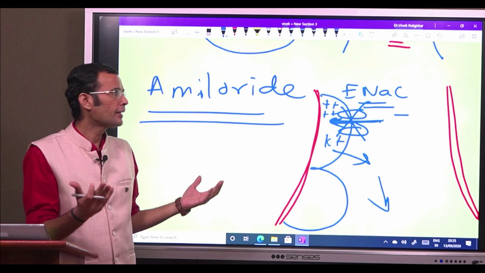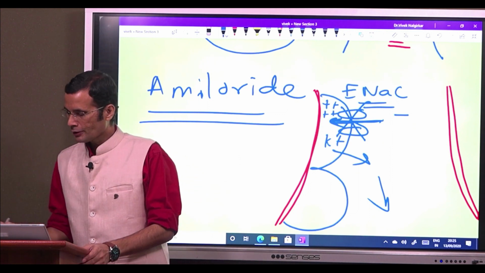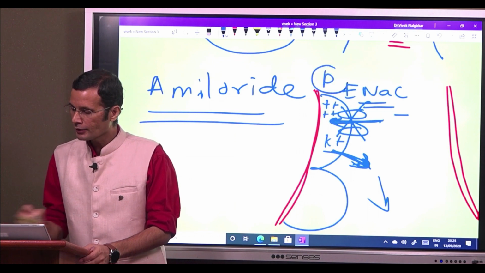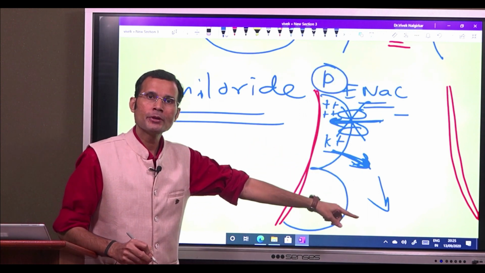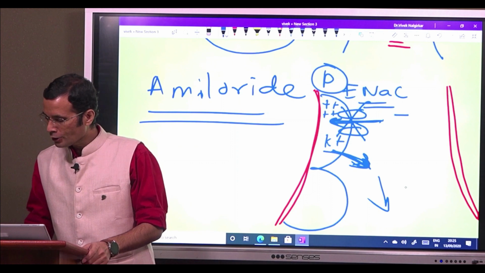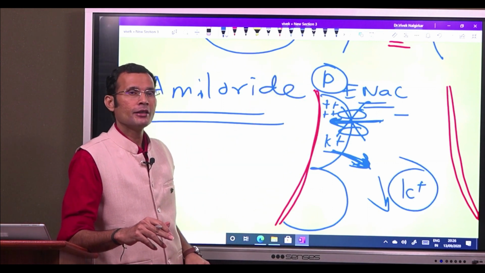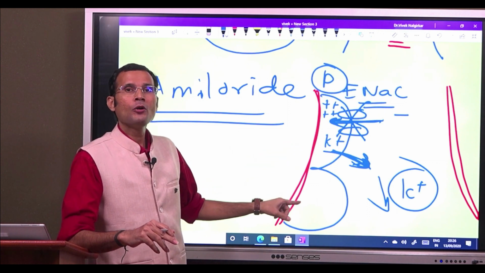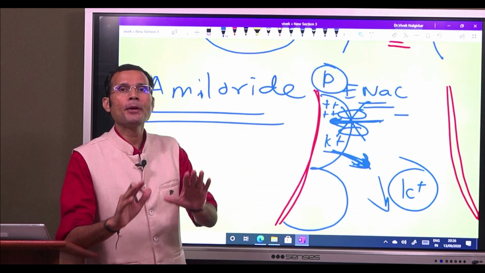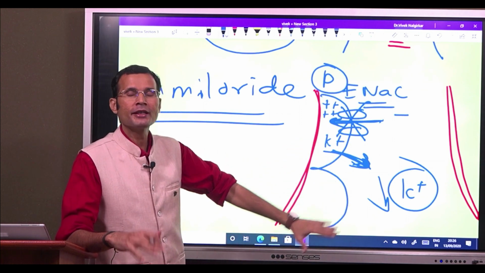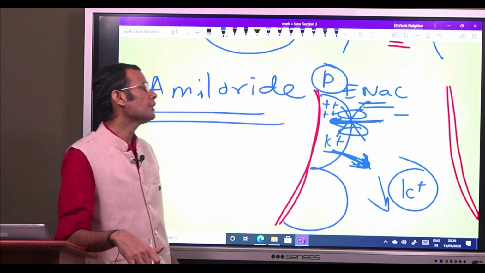That difference will not be generated. And if that does not happen, potassium will not be secreted from the principal cell, and potassium will not be lost into the urine, which we have seen happening with other diuretics. So that is how potassium will be spared. It will not be secreted much and it will not be excreted much into the urine.